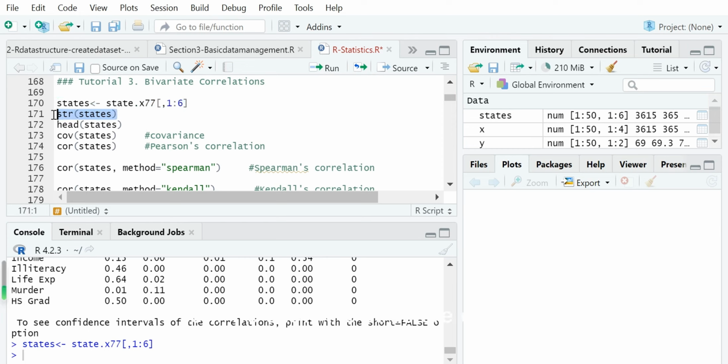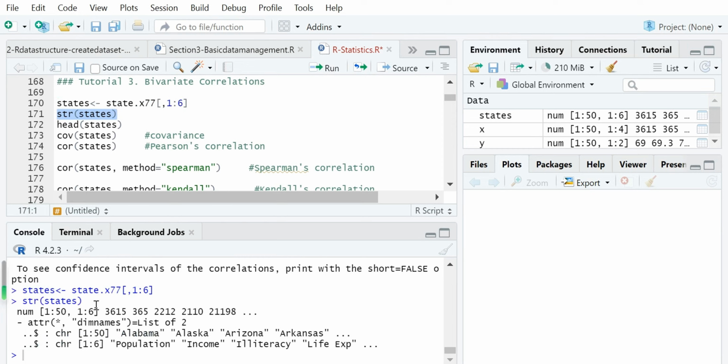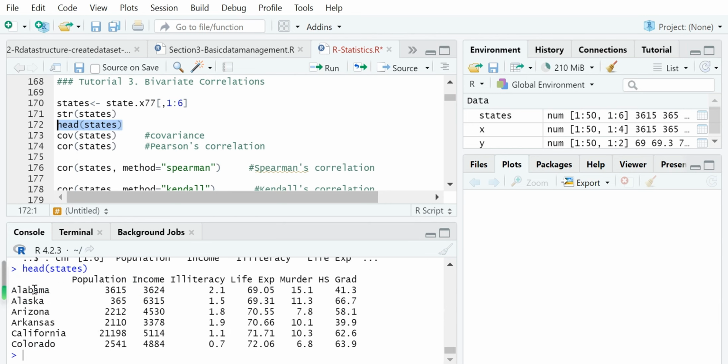If we show the structure of states, it has 50 observations and 6 variables. These are the observations, Alabama, Alaska, the index for observations, and 6 column variables. I will show the first 6 observations. For example, you can see there are different states in America, and the variables are population, income, illiteracy, life expectancy, murder rate, and so on.